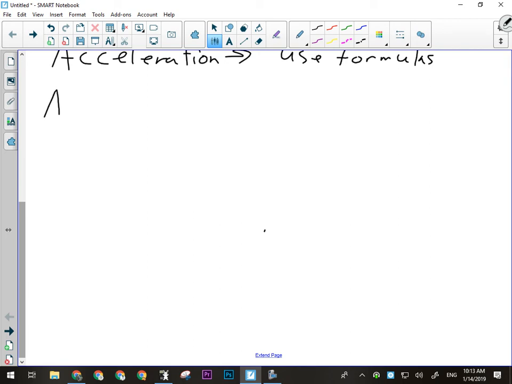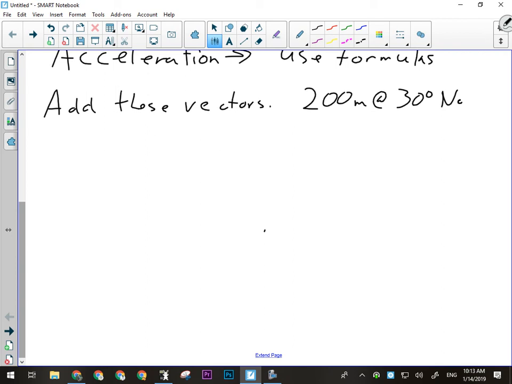Okay, so this will be a relatively straightforward one here, but they're both angled.